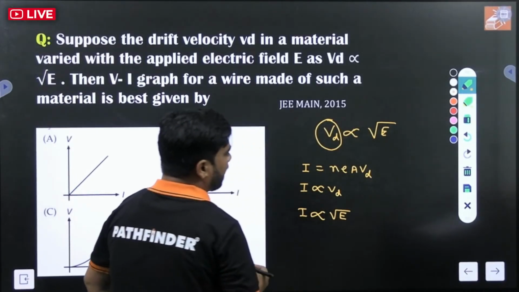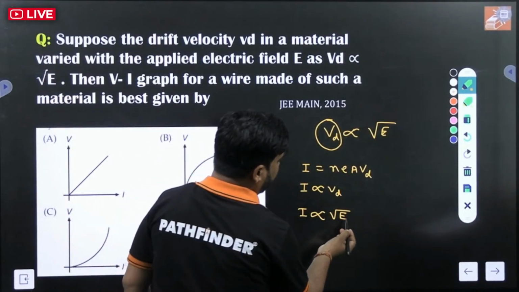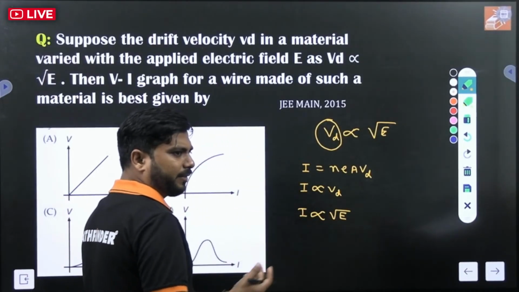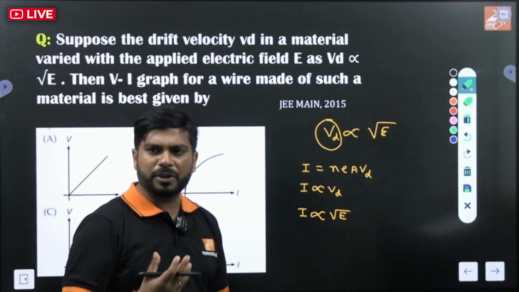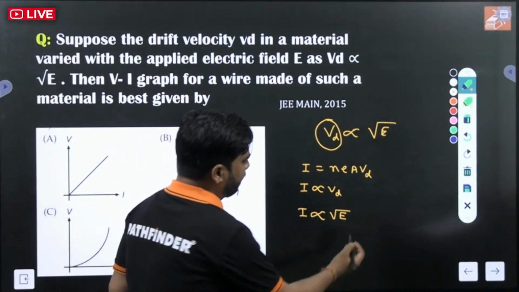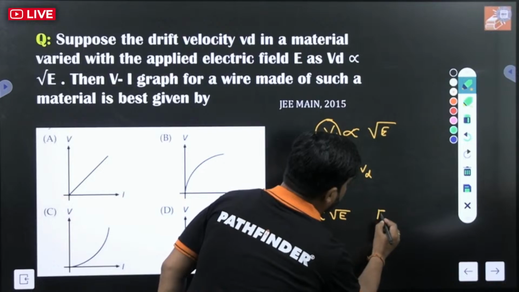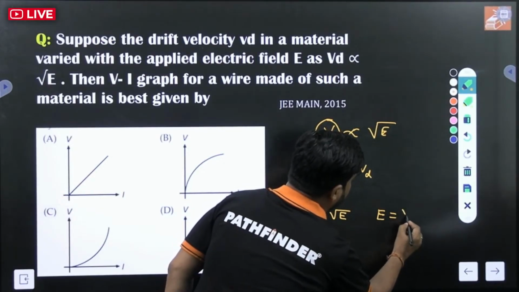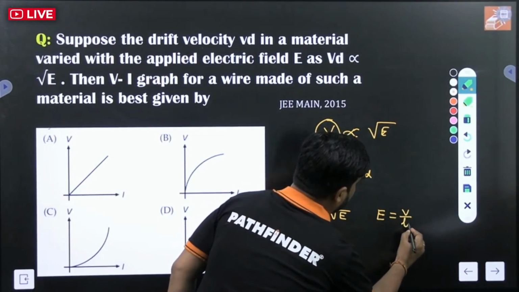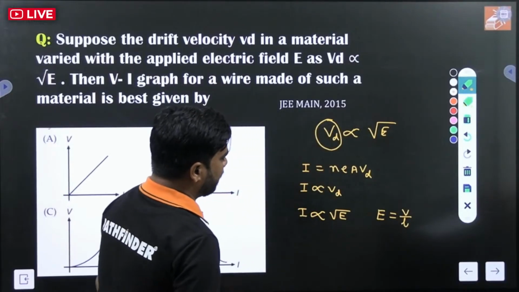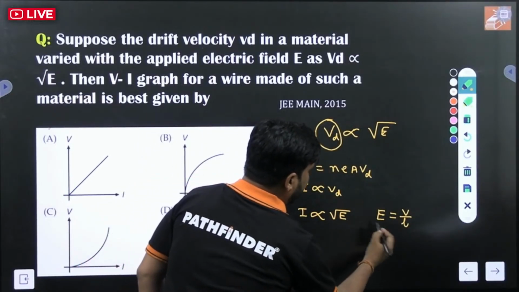Fine. Now again, do we have any relation between electric field and potential? Electric field और potential में कोई relation? Yes, we are having that. कौन सा relation है? E is equal to V by L. So यहां से क्या मिल जाएगा?